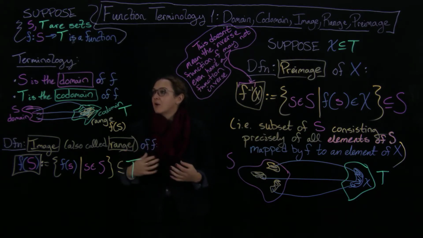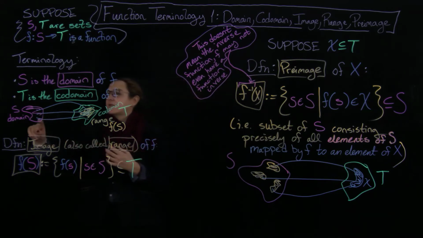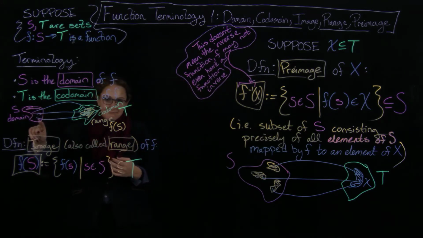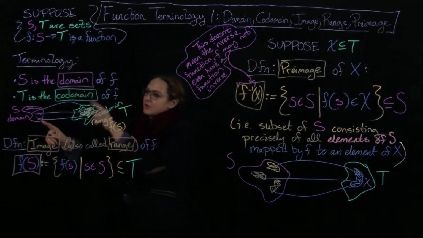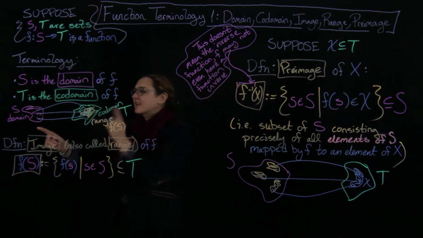Just to go through it: when you have a function, it goes from the domain to the codomain, but the codomain may have extra stuff that isn't the image of anything. For example, if f of x equals x squared, I don't hit everything in the real numbers, so there's extra stuff there.